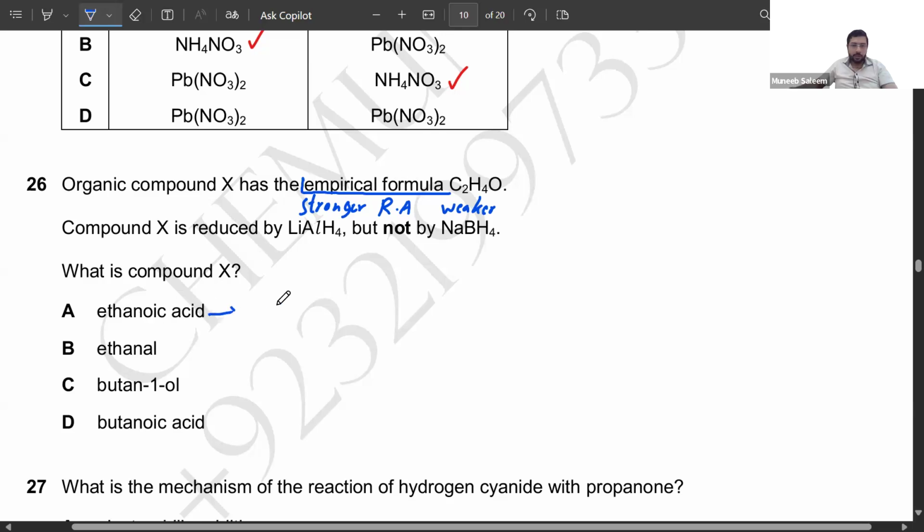Ethanoic acid is the compound which can be reduced by LiAlH4 but not by NaBH4. But the thing is that ethanoic acid cannot be the answer, since the C2H4O formula is not its empirical formula.